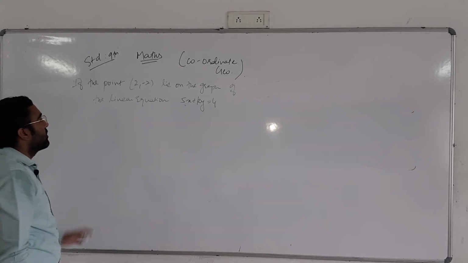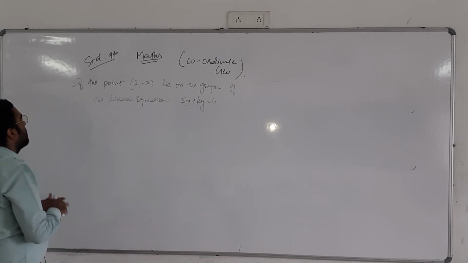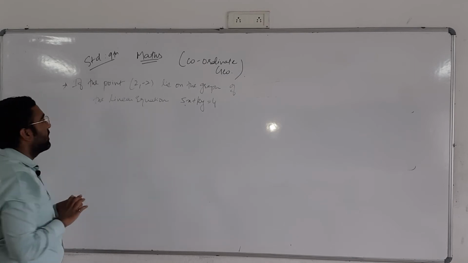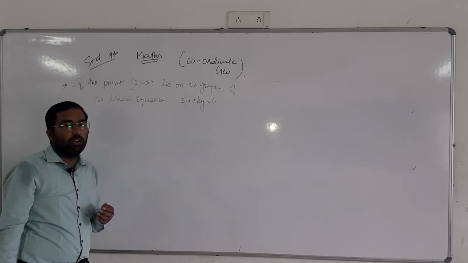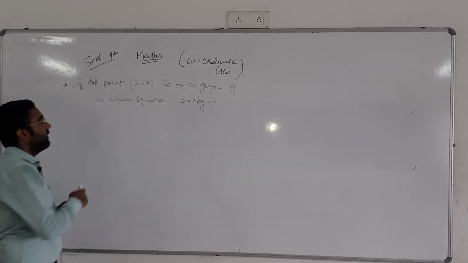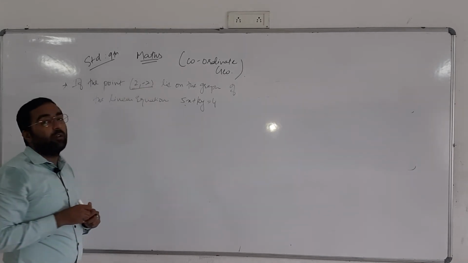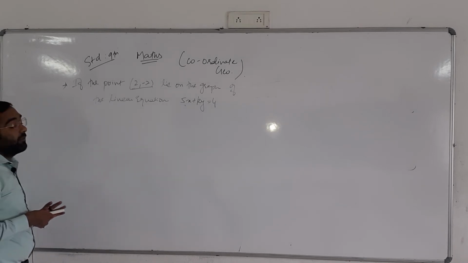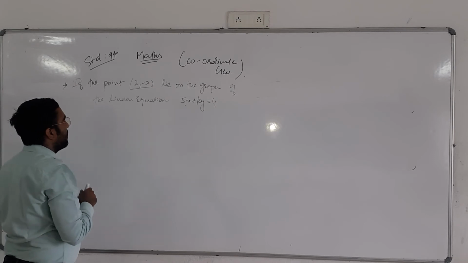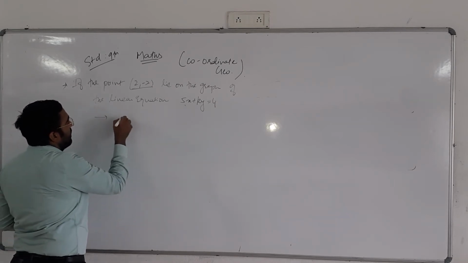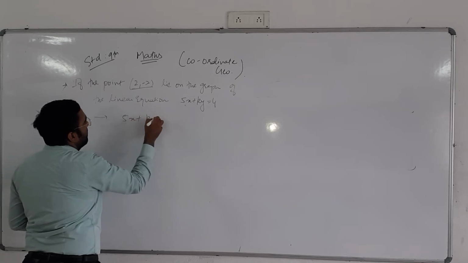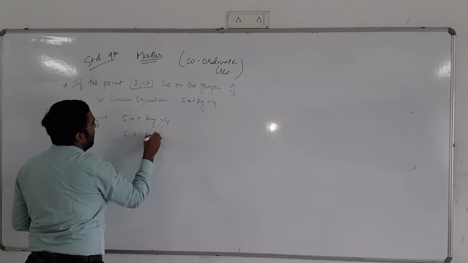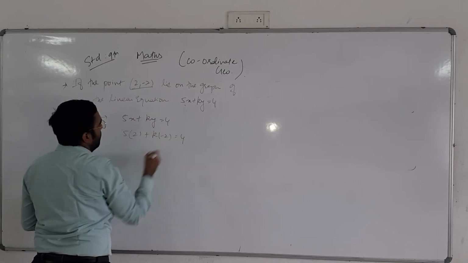Okay. So in this question, you have to see that there are two values, x and y, already given. So for that, what should we do? We have to put the values of x and y in the equation 5x plus ky equal to 4. Therefore 5 into 2 plus k into minus 2 equal to 4.